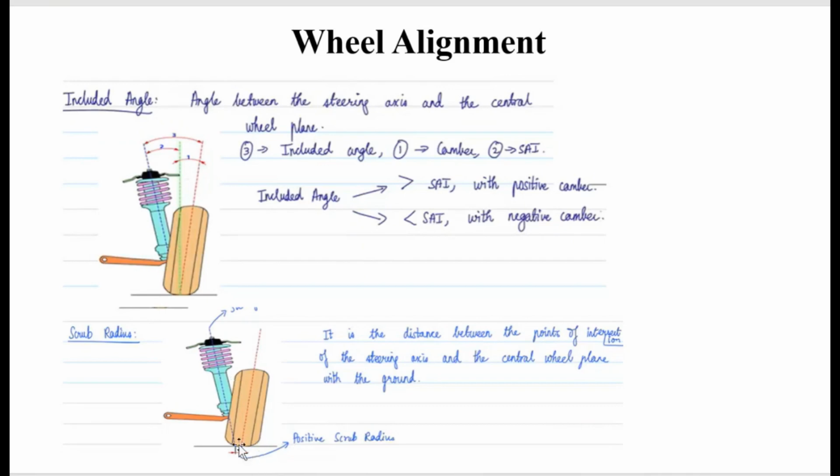When you draw a straight line from the ground, you have the distance, which is there in the red. You call this the scrub radius, which is nothing but the distance between the intersection of the steering axis and the center plane with respect to the ground. It is always going to be on the positive side, and that is called a positive scrub radius.